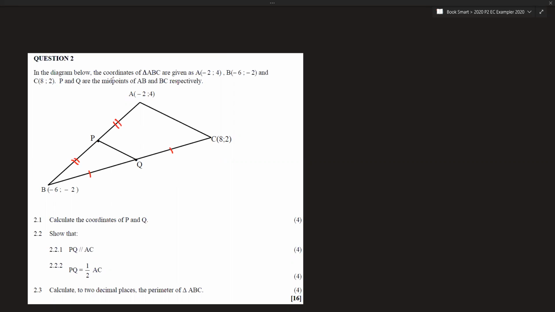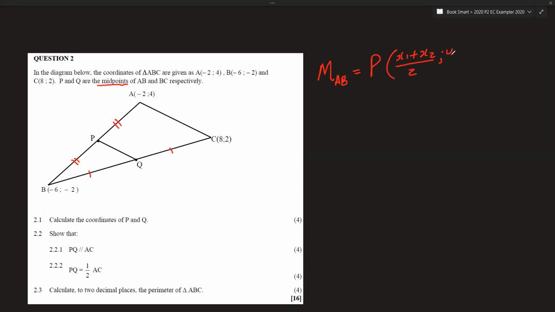Remember, they told us that P and Q are midpoints. So we have to use what? The midpoint formula, right? So I'm going to firstly find the midpoint of AB, which is basically P. P is going to be x1 plus x2 over 2.